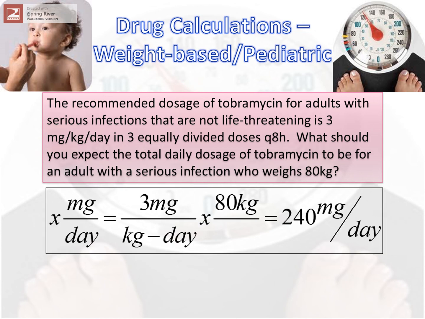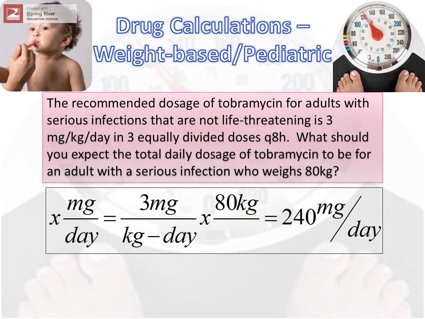And we're going to put milligrams on top. Where in the problem do we see milligrams? It says 3 milligrams per kilogram day. So we'll put kilogram day on the bottom. Kilograms need to cancel out because it's not part of our unit. How many kilograms? Well, in this case we don't need to convert because they've already given it to us. 80 kilograms in the problem.